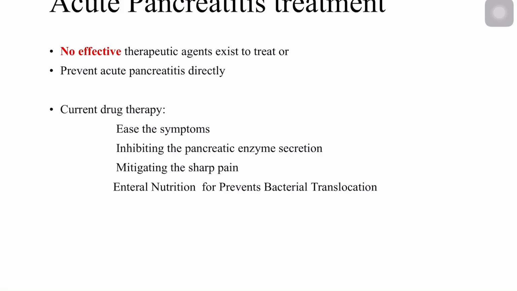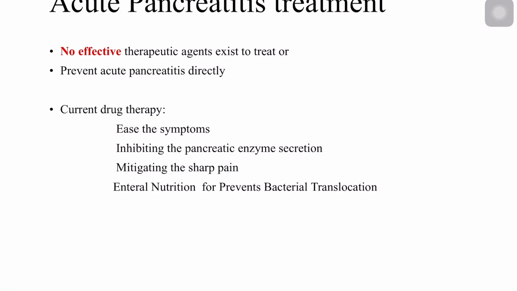Acute pancreatitis treatment: usually there is no effective therapeutic or treatment against this disease. Usually preventing acute pancreatitis is important.